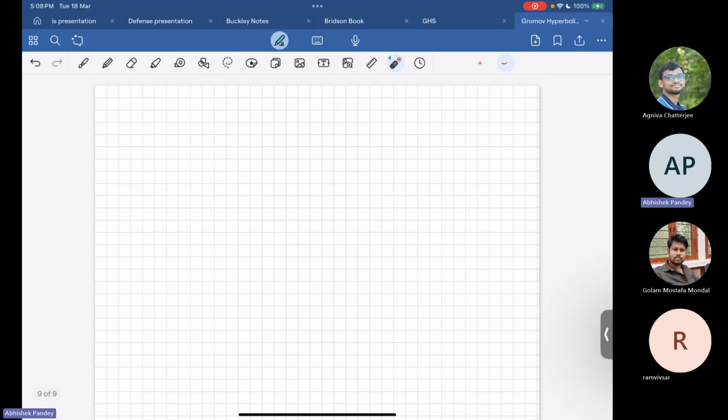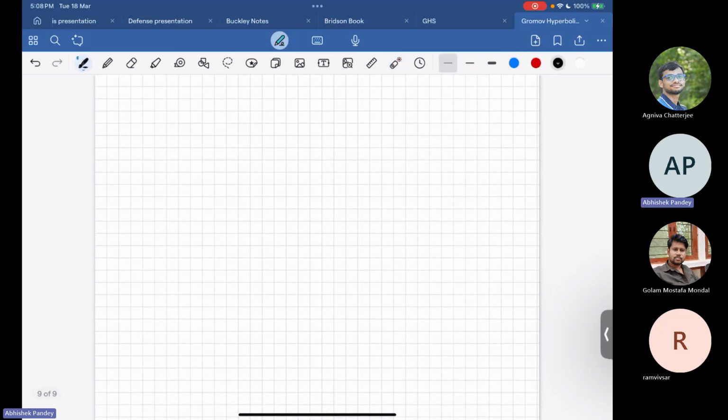Now we are going to mention the shadowing lemma, or this is also called the geodesic stability. It's also called the Morse lemma.